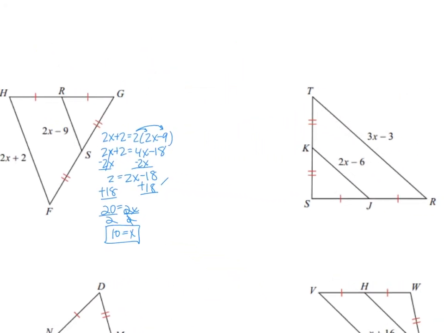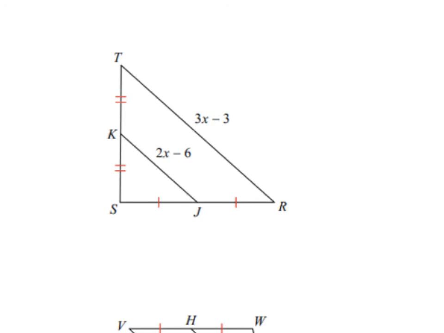And let's look at the next example here. So we know that the longer side of the triangle, 3x minus 3 equals 2 times the midsegment, 2x minus 6. Make sure you distribute the 2.